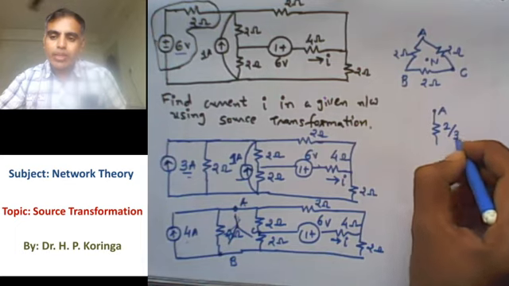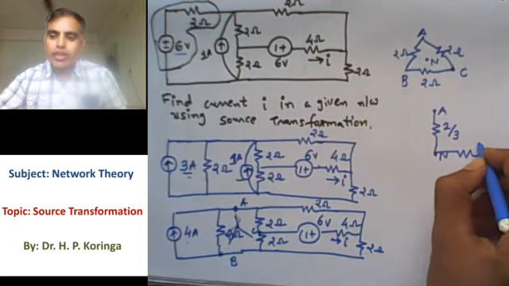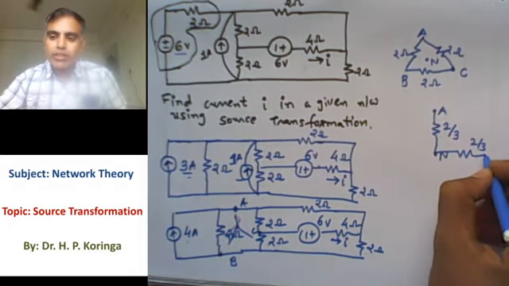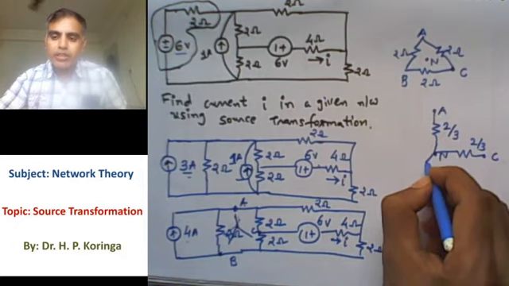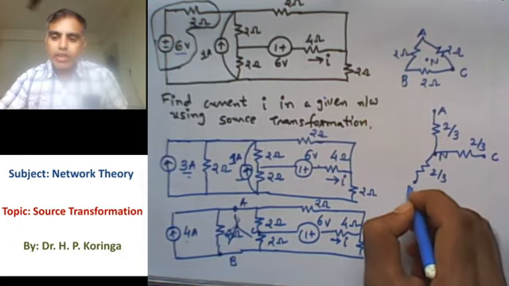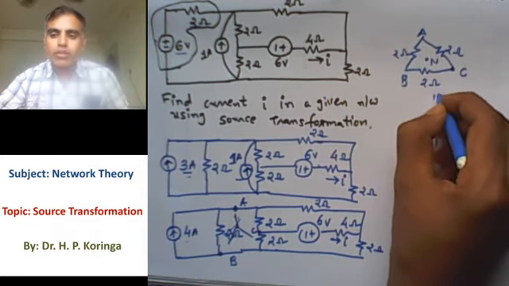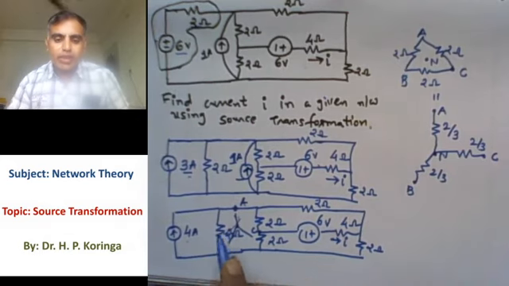So between A and neutral we get 2 divided by 3, between C and neutral also 2 divided by 3, and between neutral and B also 2 divided by 3.